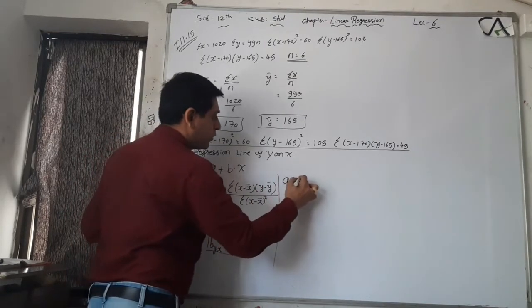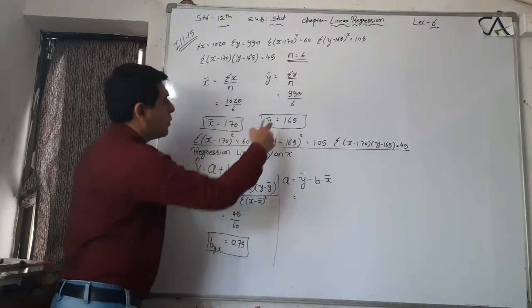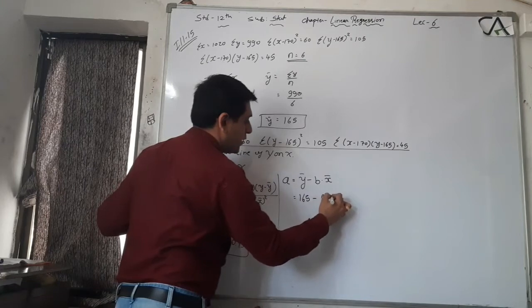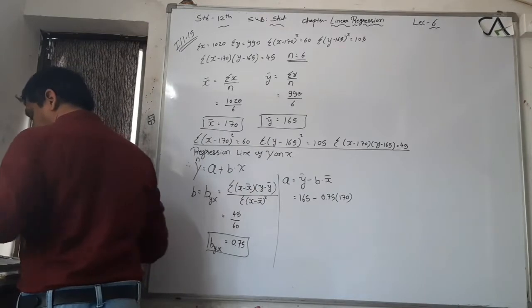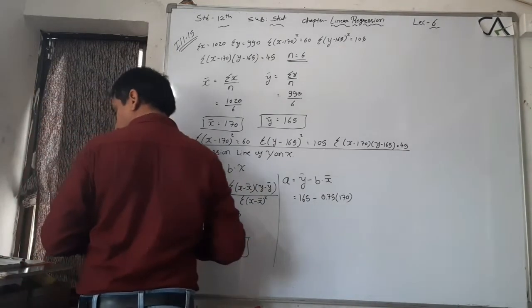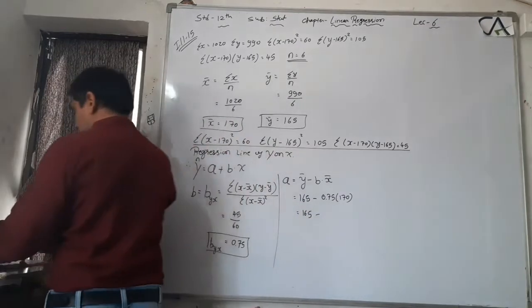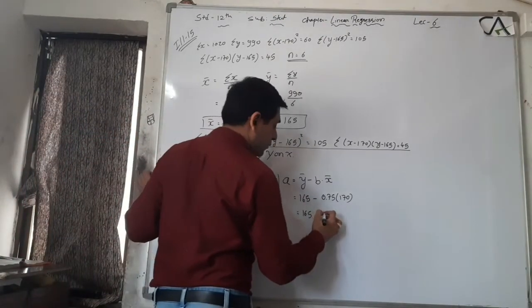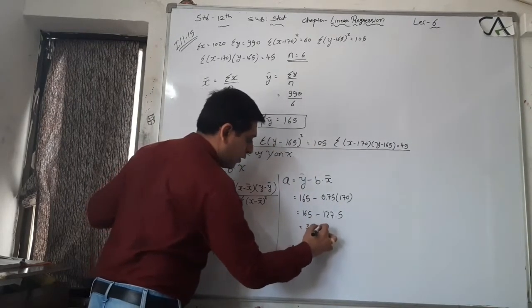Now a is equal to y bar minus b into x bar. What is your y bar? 165 minus 0.75 into 170. That means 165 minus 170 into 0.75, that is 127.5. So it is 37.5.